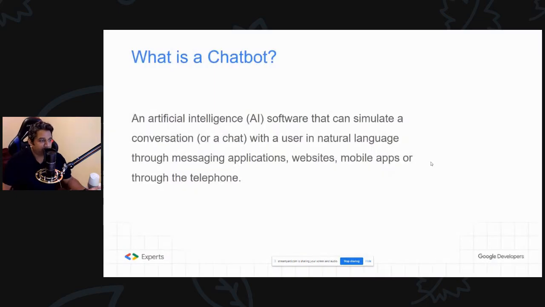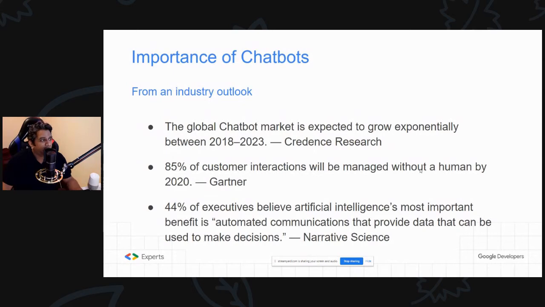So, what is a chatbot? A chatbot is nothing but an artificial intelligence software that can simulate a conversation with a user in very natural language through messaging applications, websites, mobile apps, or through a telephone, right? And the importance of a chatbot is, let's say, the global chatbot market is expected to grow exponentially between 2018 and 2023.